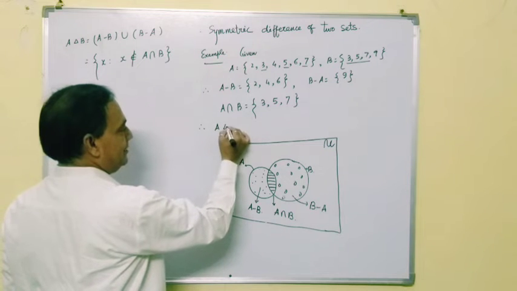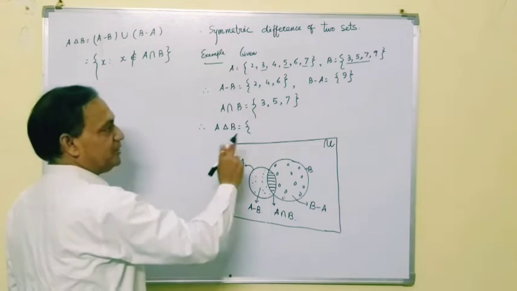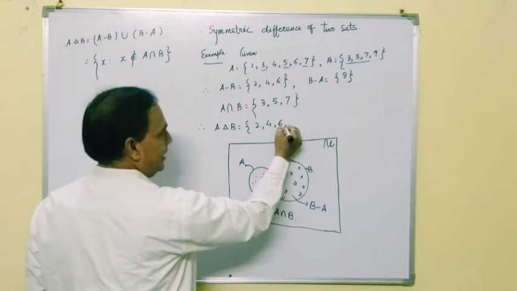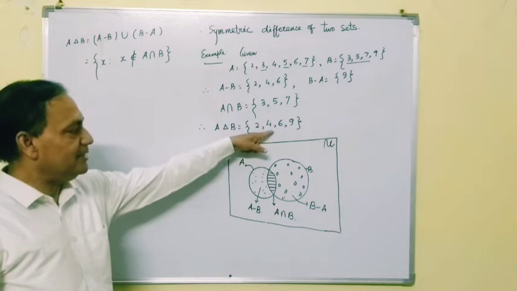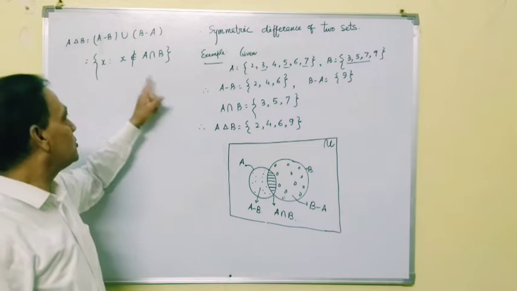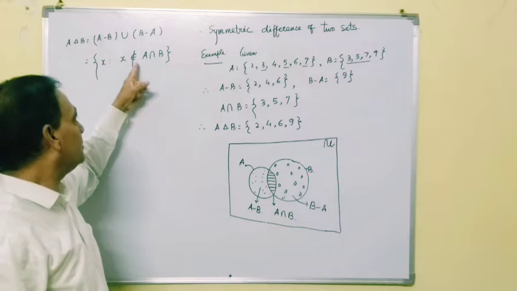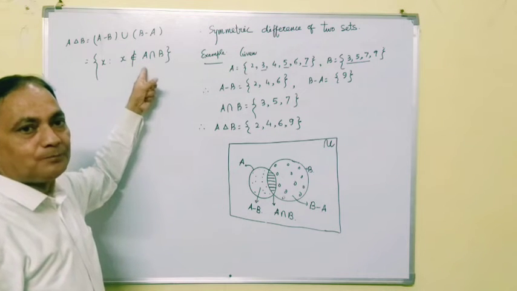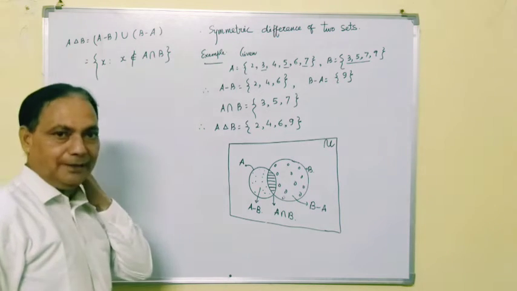Therefore A symmetric difference B is equal to A minus B union B minus A, that is 2, 4, 6 and 9. अब आप सिमेट्रिक डिफरेंस में देख रहे हैं कि वे सभी एलिमेंट हैं जो A इंटरसेक्शन B में नहीं है. So all the collection of X which does not belong to A intersection B, this set will be said to be A symmetric difference B, right?